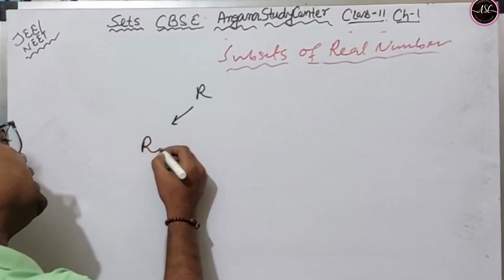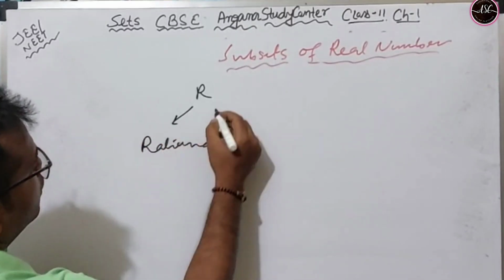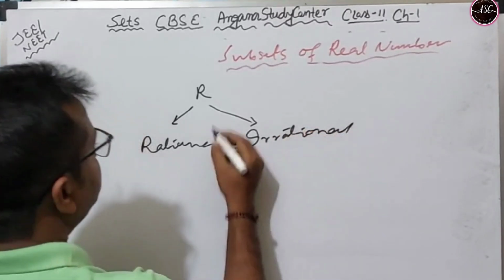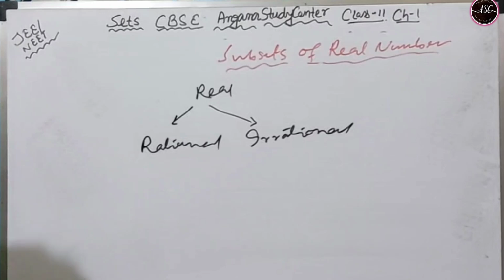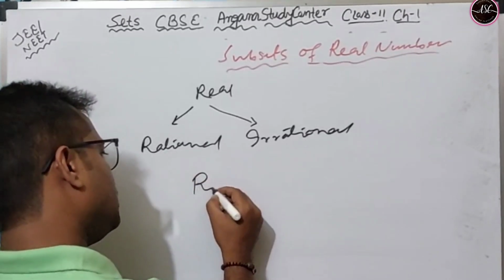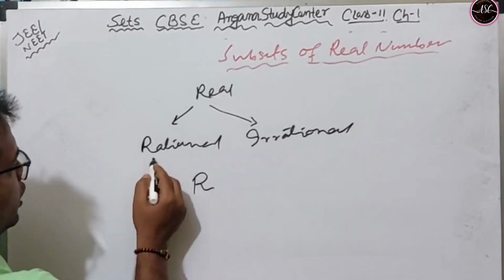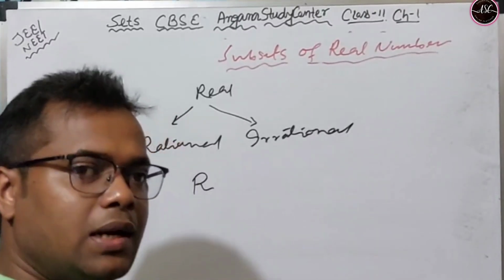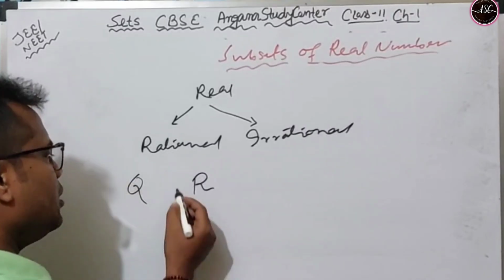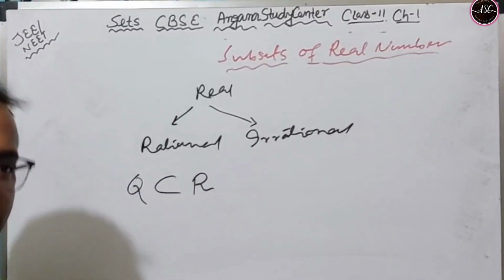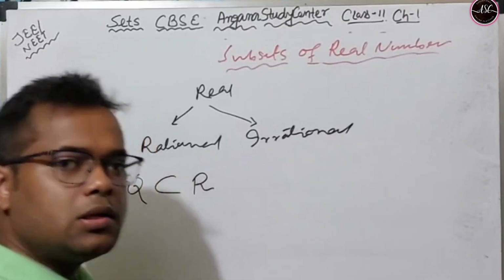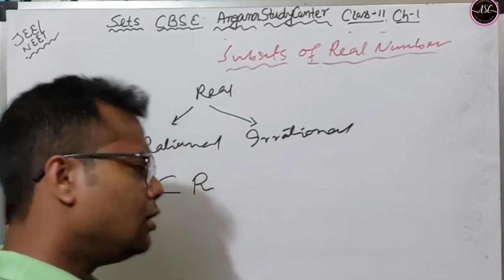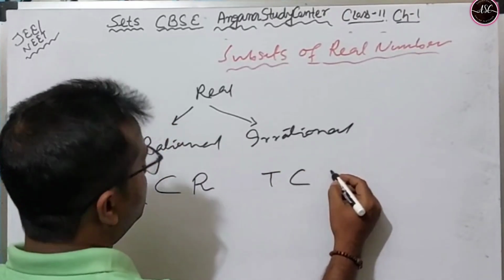There can be rational and irrational numbers. So we can represent the set of all rational numbers by Q. So Q is a subset of R. The set of all irrational numbers is denoted by T. So T is also a subset of R.